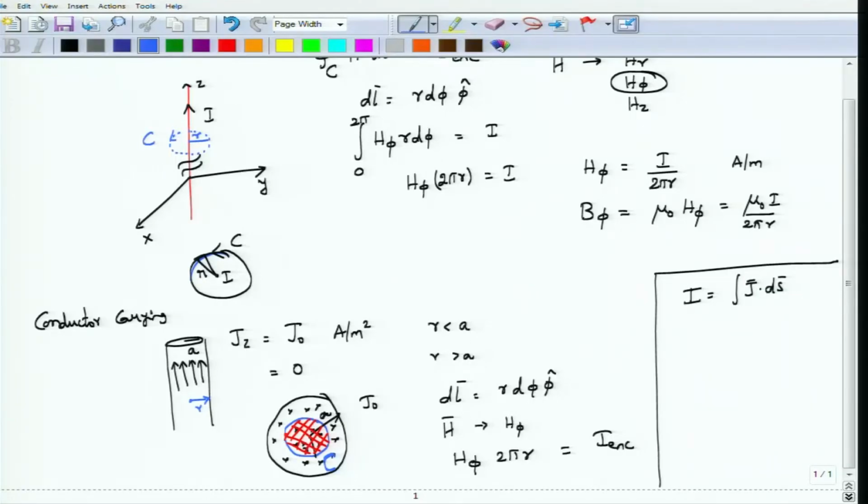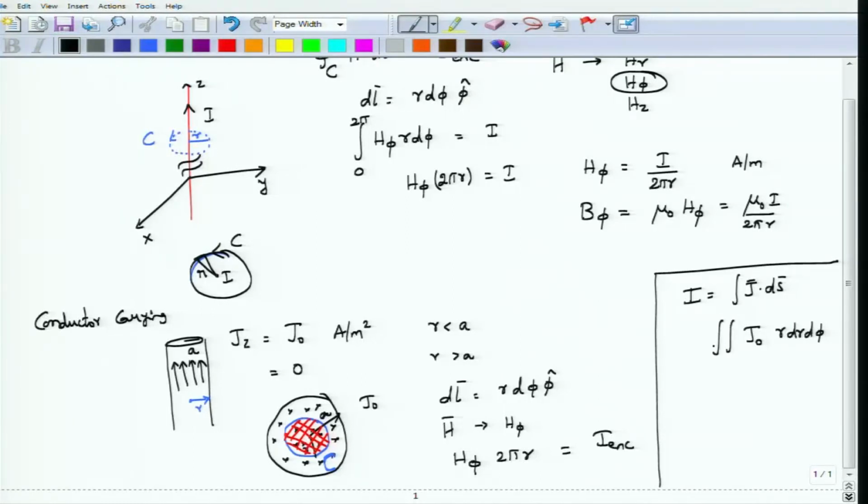Now, from this surface what would happen to the current density J, or what is the total current enclosed? Well, J is constant, it is given by J0, but what is the surface area for this? Remember, this contour is being taken at a constant z, but the surface element in the cylindrical coordinate must point along z itself. So, this surface area element is given by r dr d phi, and it would be pointing along the z direction.